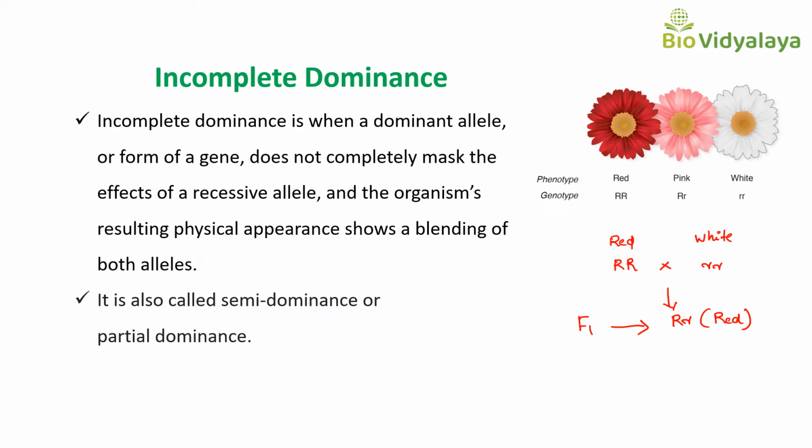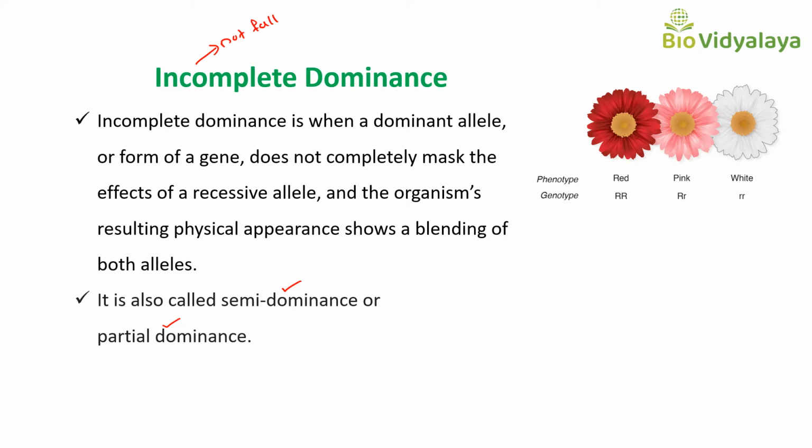So let's see what is incomplete dominance. What is meant by incomplete? Incomplete means not full, or we can say partial. So incomplete dominance is also called semi-dominance or partial dominance.